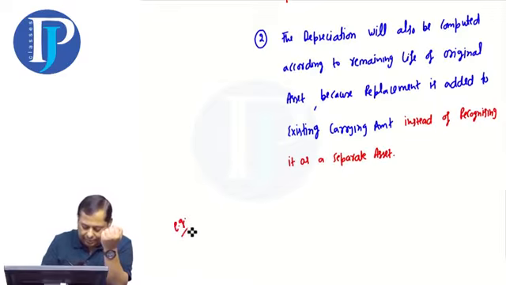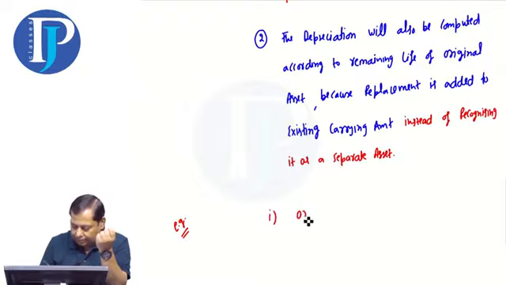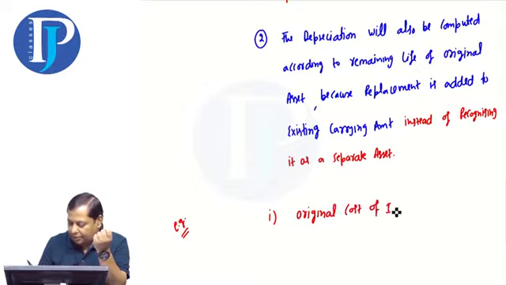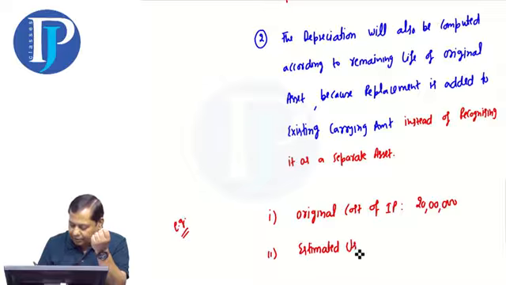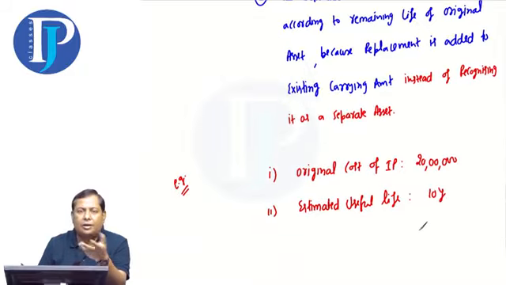Let's take an example. Original cost of the asset, let's assume, is 20 lakh, and estimated useful life is 10 years. There has been depreciation of 2 lakh rupees per year.